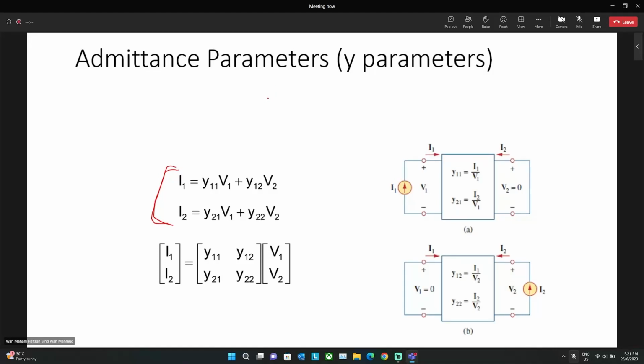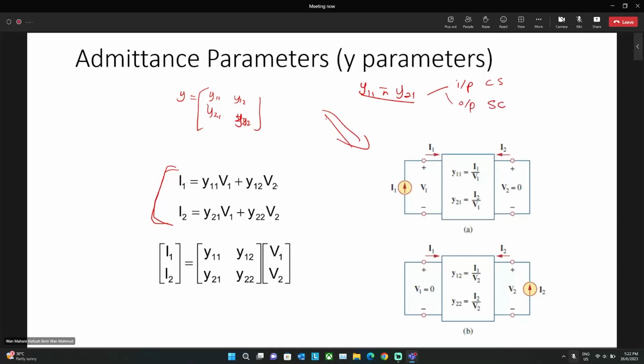Jadi untuk dapatkan parameter Y11, Y12, Y21 and Y22, for Y11 and Y21, caranya adalah kita input port of current source, output port kita short circuit.